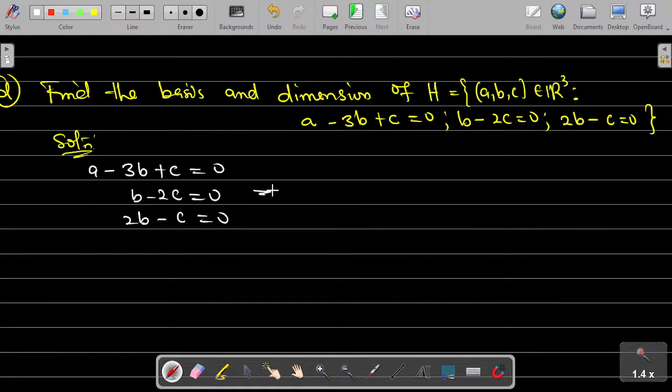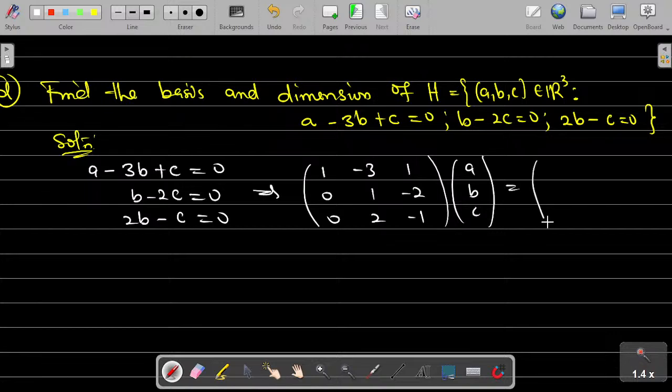From here you can generate this even without using matrices, but since they used matrices, let's do that. So we are extracting the coefficients here. We have minus 3, 1, and then 0 on this side; because there's no A, you have 1, minus 2, and 0 also; then 2 and minus 1, multiplying your ABC to give you 0, 0, 0 on the right hand side.